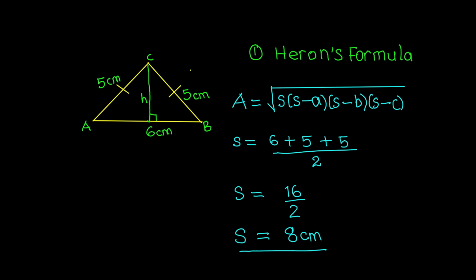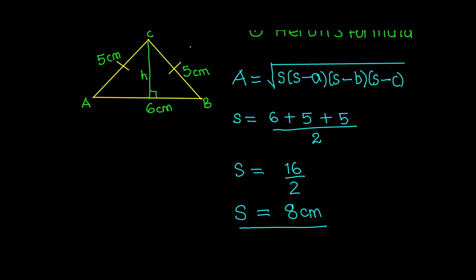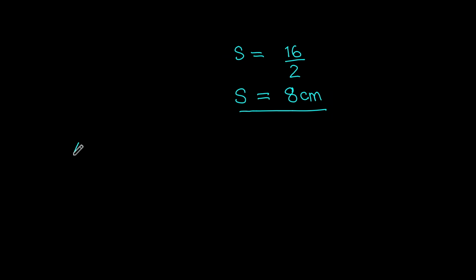So after that, we can move on and start substituting into our formula here. Area A is given by the square root of 8 multiplied by 8 minus a, and a is one of the sides facing the angle A, so that is 5.